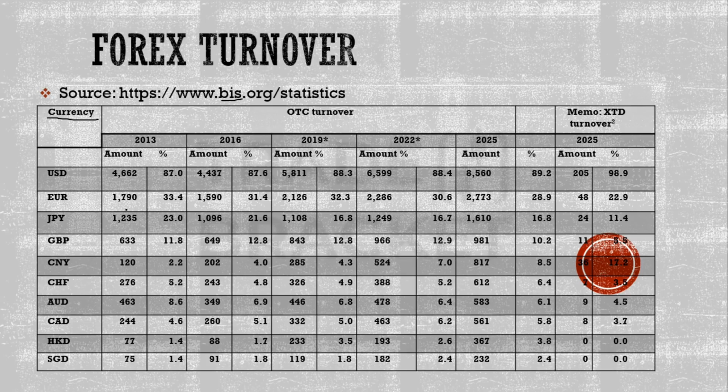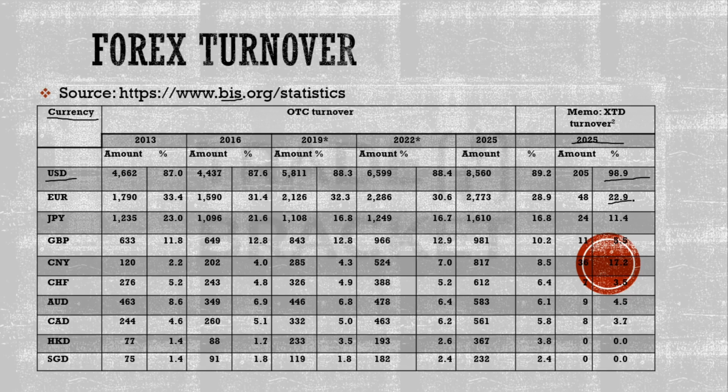As you can see, the years are 2013, 2016, 2019, 2022, 2025, and now currently. This is where I want you to pay attention, because I want you to see the percentage the United States dollar contributes in terms of the transaction. As you can see, it contributes 98% of the transaction, or the turnover.